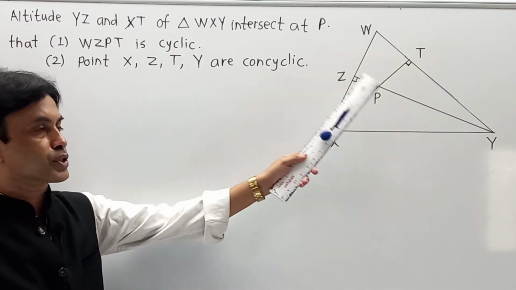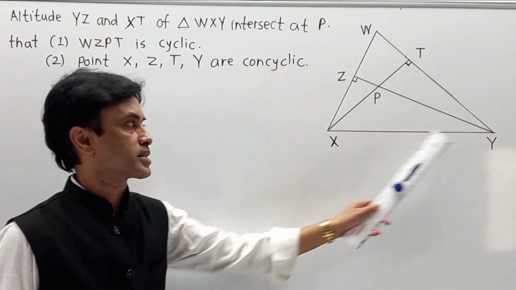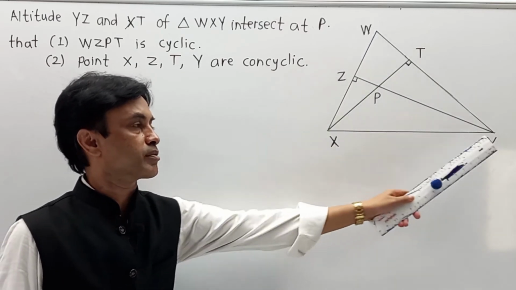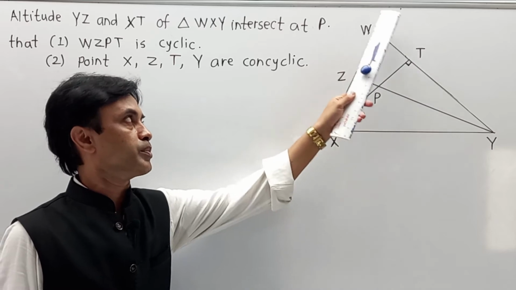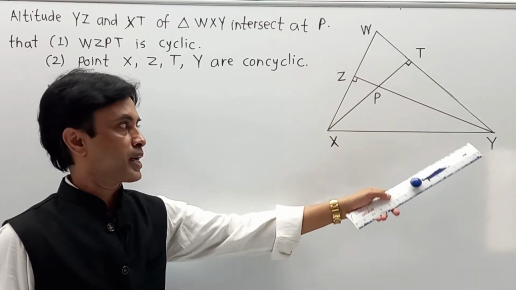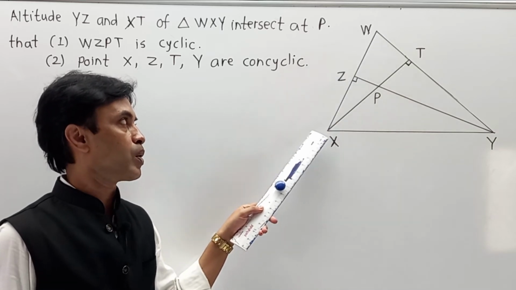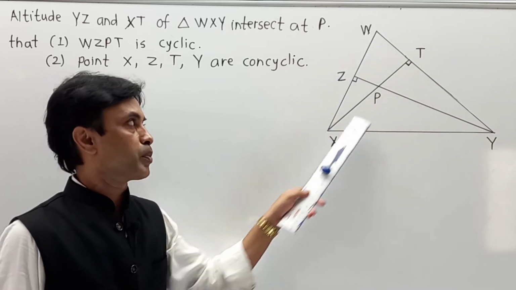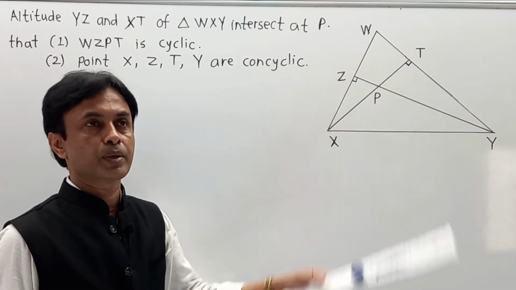If you observe the question in terms of a diagram, they have given triangle WXY in which XT is one altitude, perpendicular on WY, and YZ is an altitude on WX. When both altitudes are drawn, they intersect each other at point P.